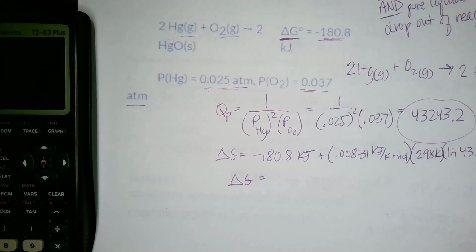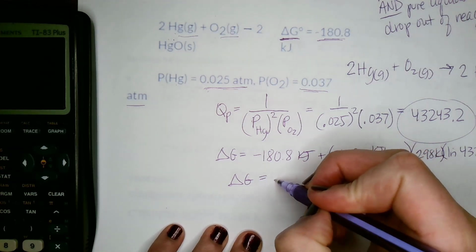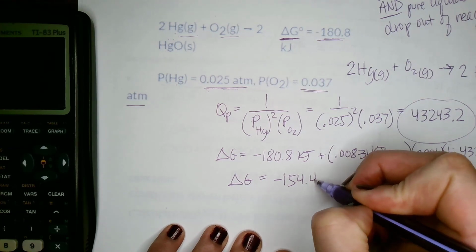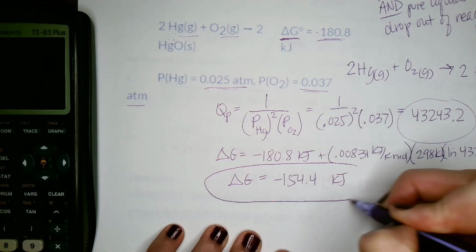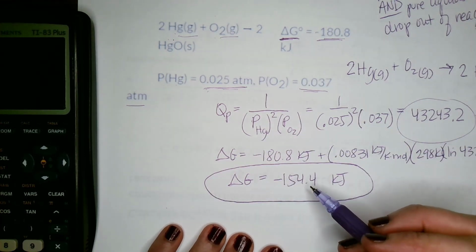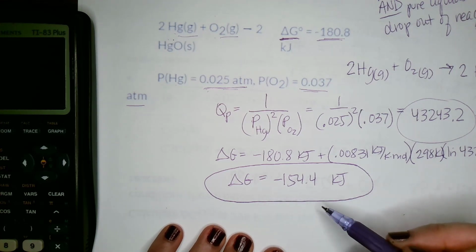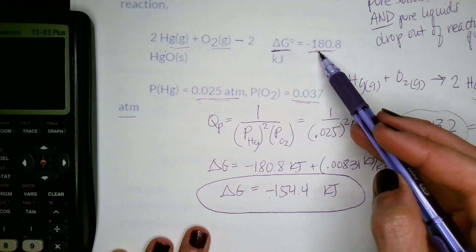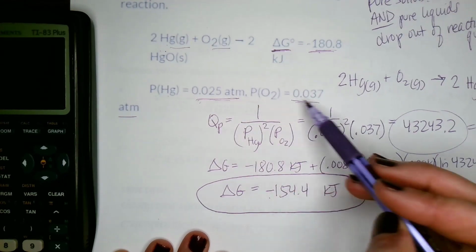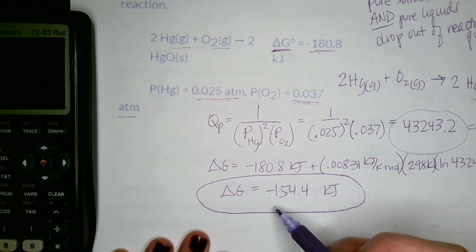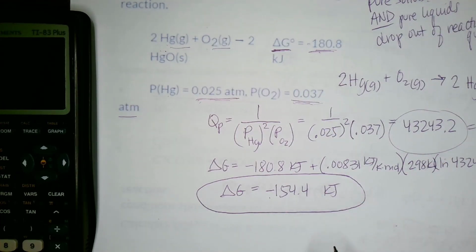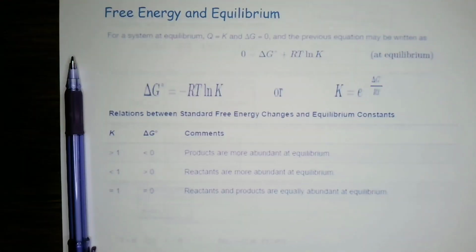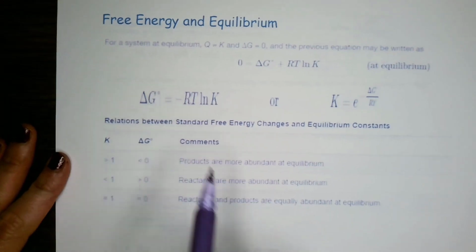And this delta G, that non-standard state, so we've got a negative 154.4 kilojoules, still a spontaneous reaction in the forward direction. It was negative 180, and then we changed the conditions, still spontaneous at a negative 154.4 kilojoules.